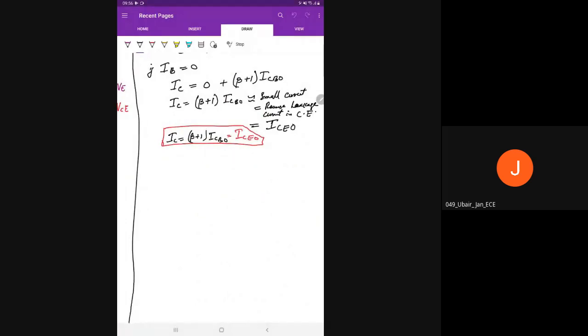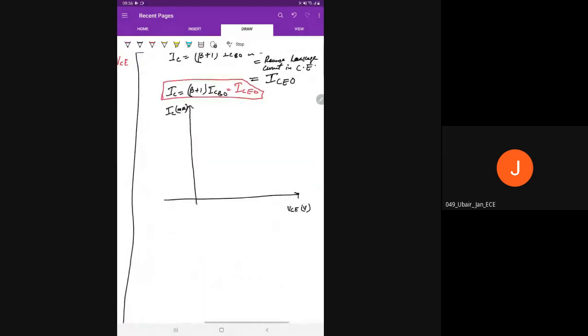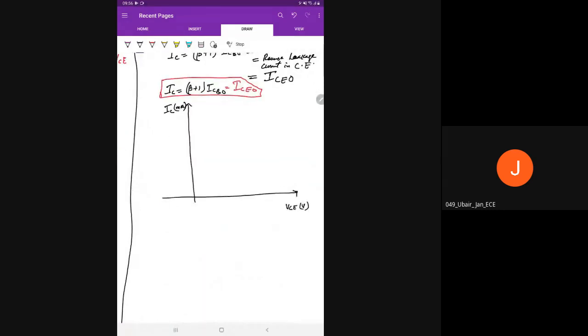Now we will draw a graph like this. It is IC versus VCE. This is IC, which is in milliamperes, and we have VCE, which is in volts.